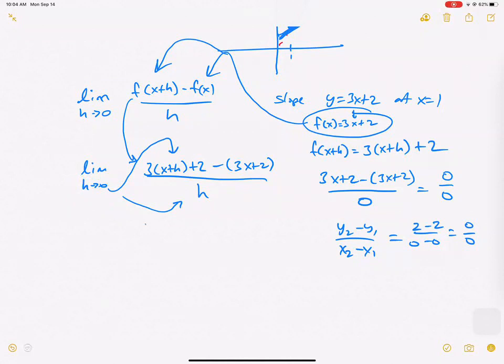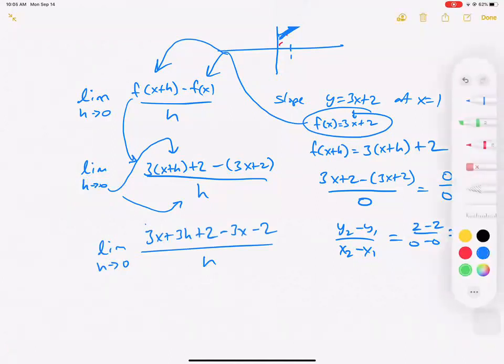So here we go. Instead of plugging in, we're going to try another way. Let's go ahead and multiply it out. We have to write the limit because I didn't plug it in. I'm just simplifying. Now, the cool thing is that you will always find stuff to cancel out: 3x, 3x, 2, and 2.